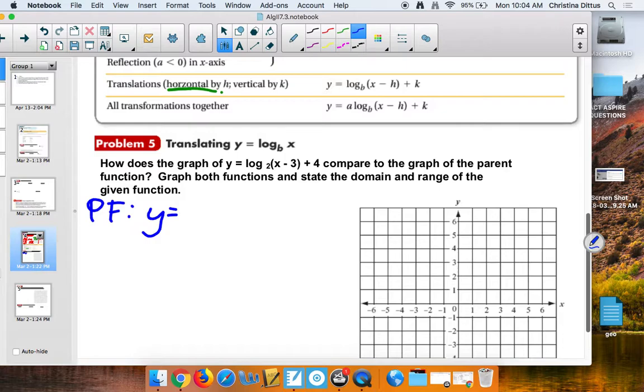Oh, it's going to have a log. What's the base number? 2 of x. So ignoring the minus 3 and the plus 4. Okay, so this is my parent function. Does this make sense?